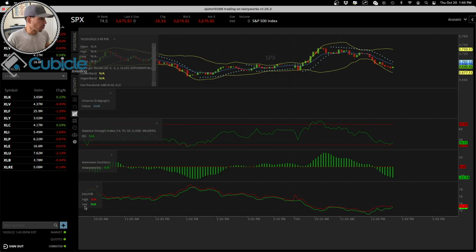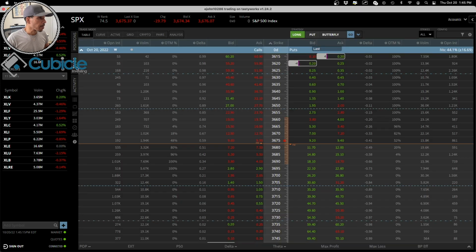Greetings, I'm back. So it's roughly 1:45, and the price of the underlying, SPX, has pulled back significantly. As you can see, right now it's at 36.75 and some change, and it's coming down.